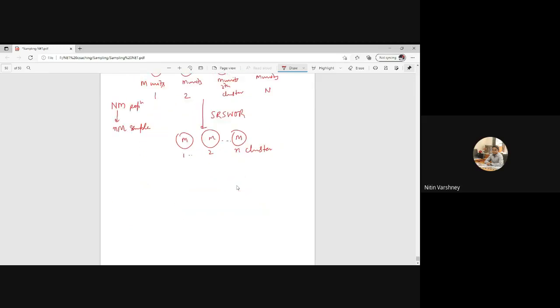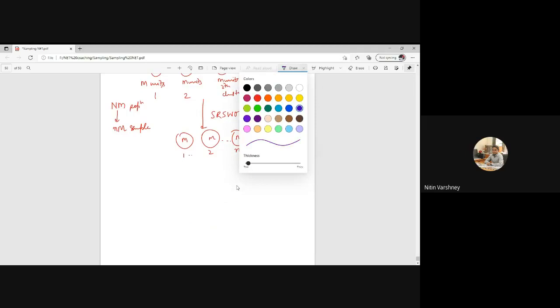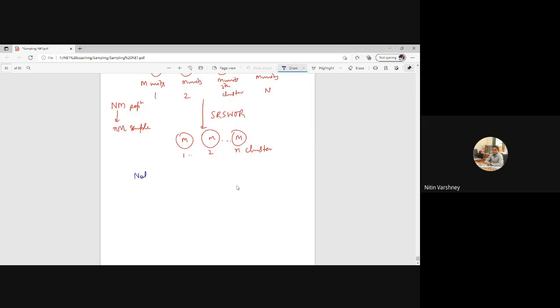Now we will see the notations in this sampling, because notations are important. First one is capital N, which denotes the number of clusters in the population.